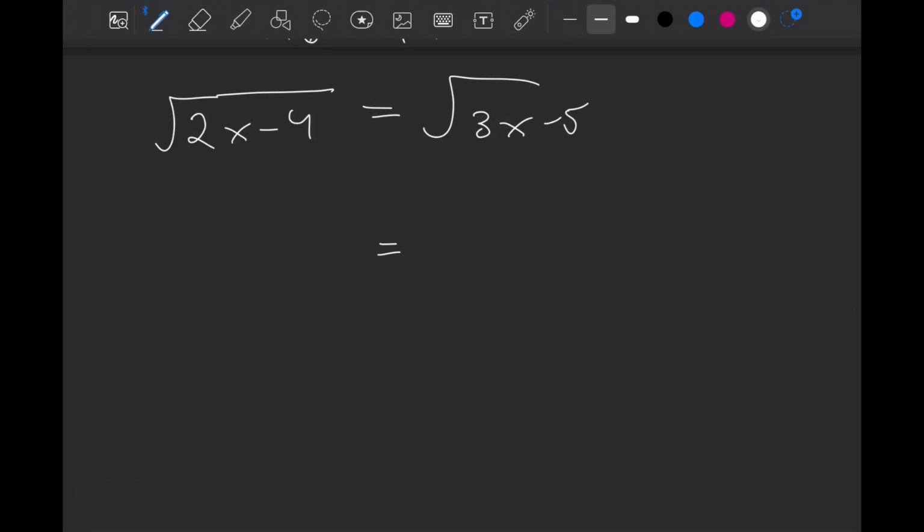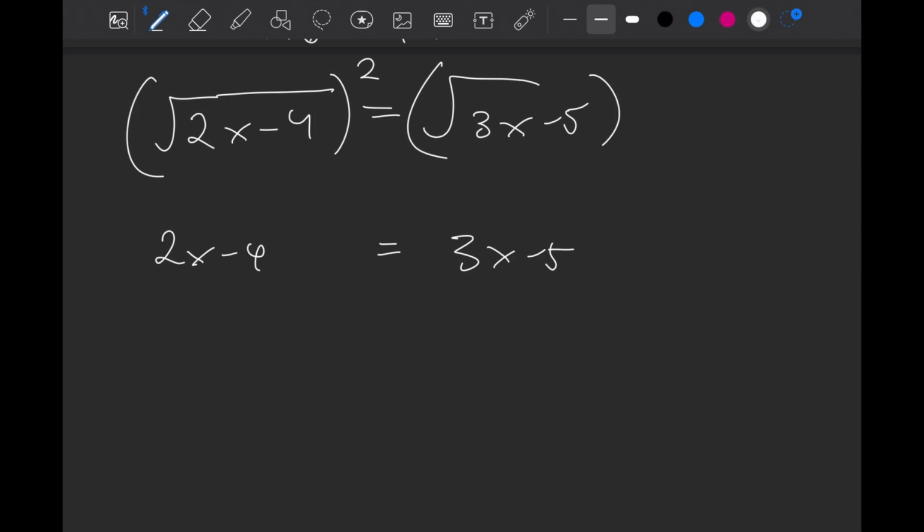Okay, so in this one, we are going to square both sides, and if we square it, we'll be able to get rid of the square root. When we do that, we will get 2x minus 4 is equal to 3x minus 5.